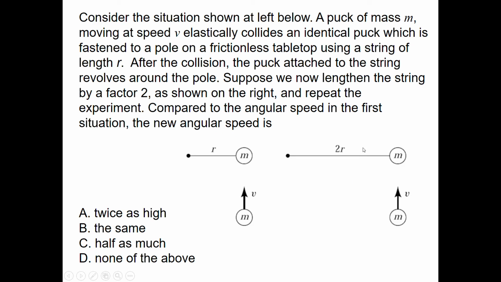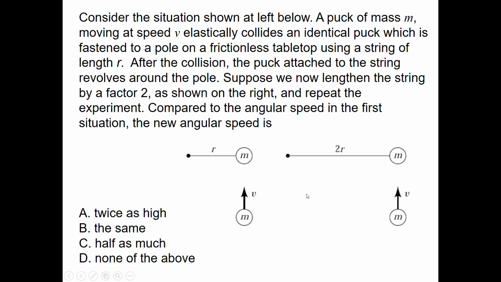First of all, I have, I think, a couple of voting questions, perhaps related to the previous idea and to acceleration. Here's a situation where we have a puck of mass m that's moving along at speed v in two different situations, and we've got a similar puck of mass m which is attached via a string to a little pin there so that you can spin that puck around in a circle.